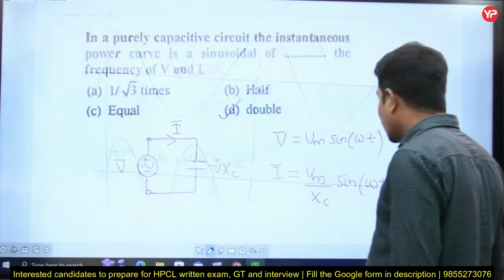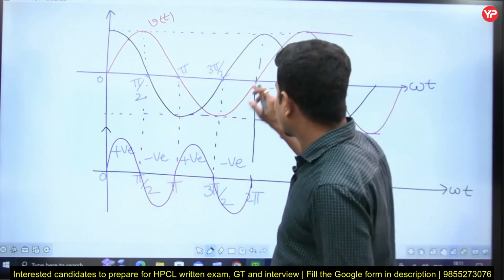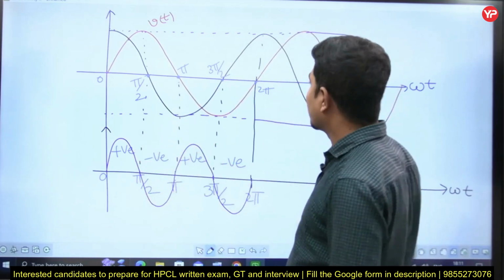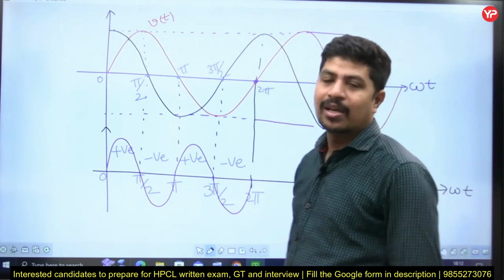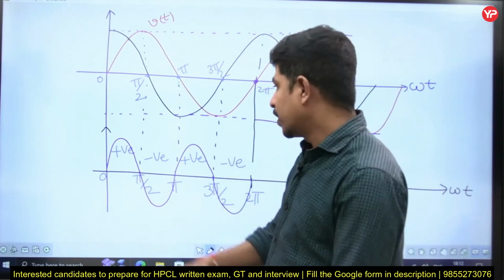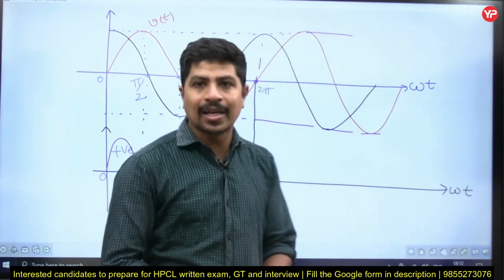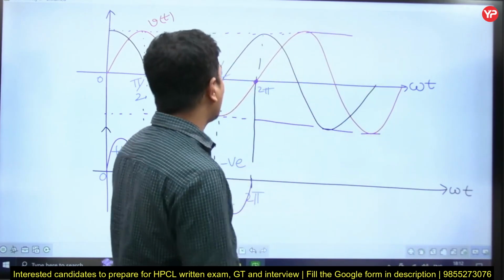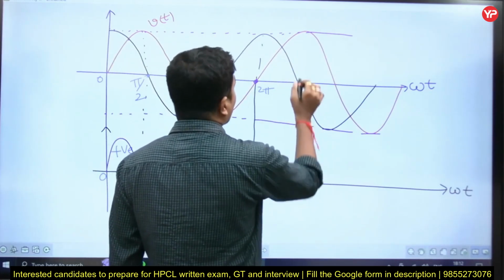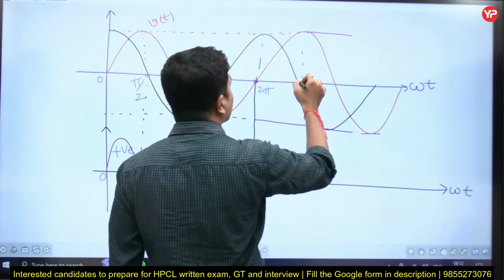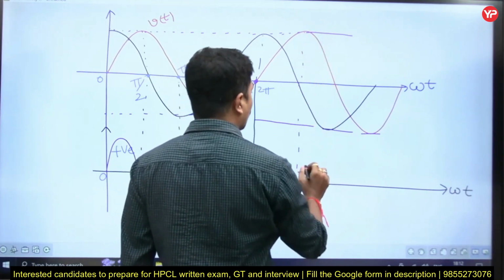Here the shape is not that important. For the next cycle also the same will be repeated. Positive, negative, positive, negative. If you want, I'll check the next full cycle also. Voltage positive, current positive, here it is positive. Next quarter cycle, voltage positive, current negative, negative.